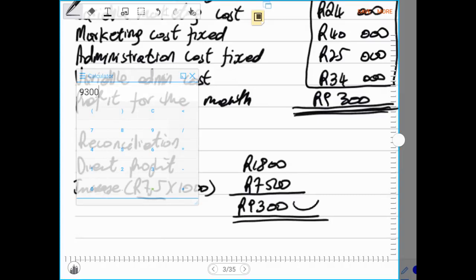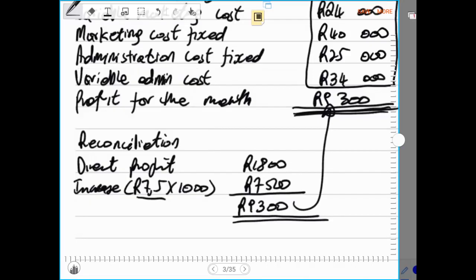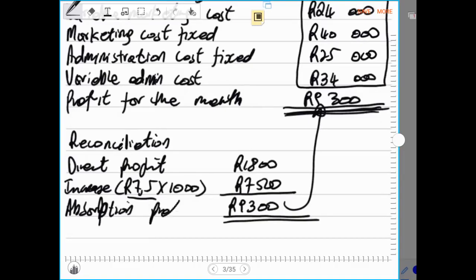And 9.3 is exactly the profit of the absorption income statement. So now this will be absorption profit, and our reconciliation is correct.